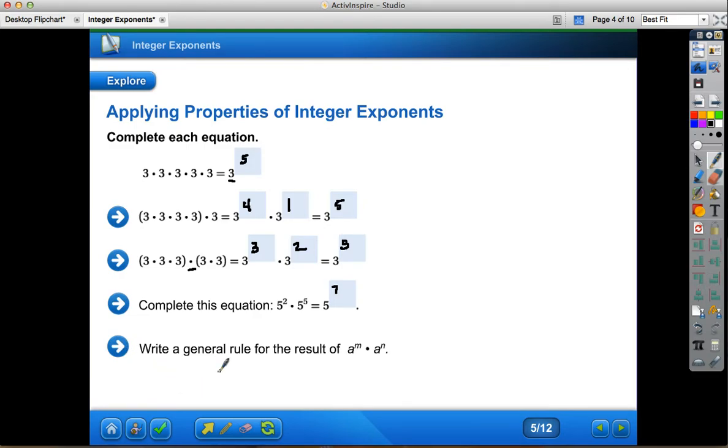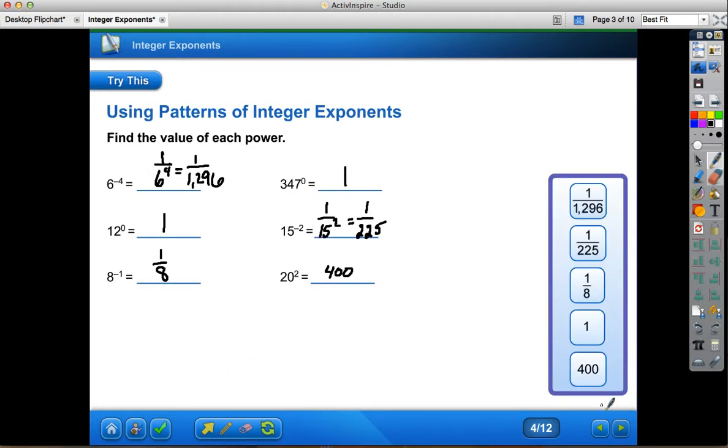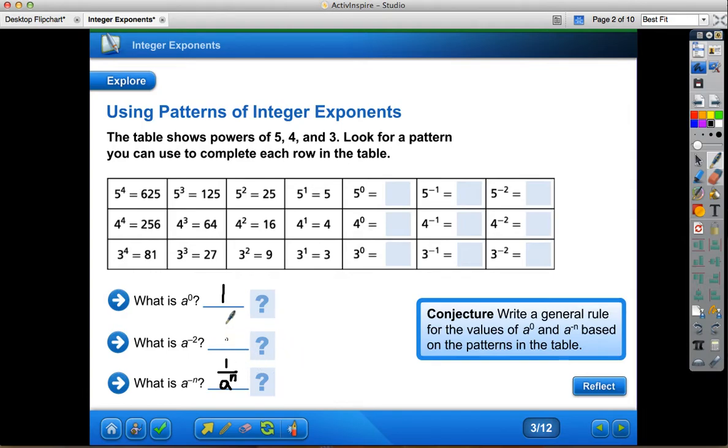So I want you to write a general rule for the result of a to the m power times a to the n power. So it's just like what we did before back here with our negative and 0 powers. So we made a general rule, 1 over a to the n.